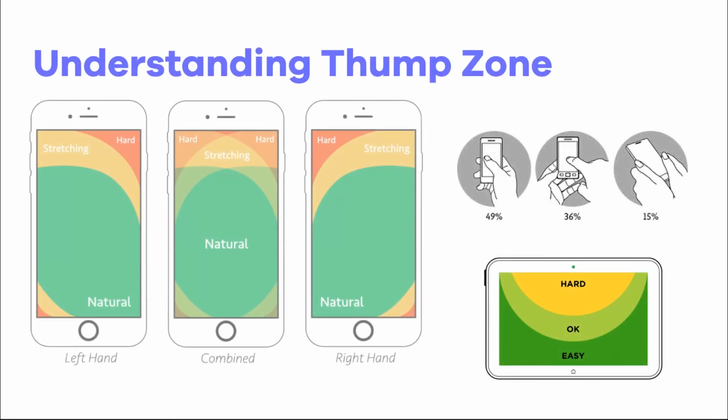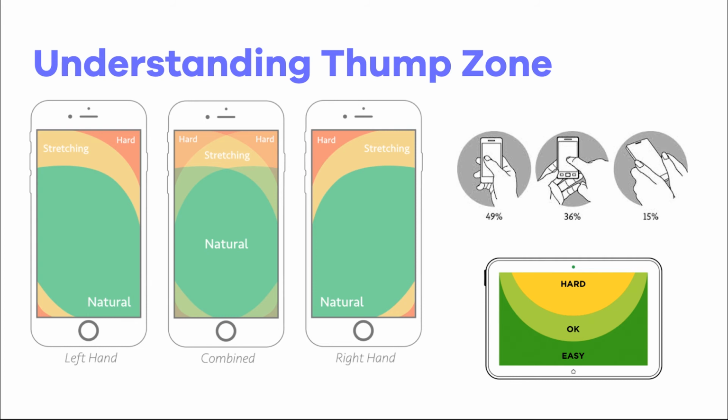When you're designing for a mobile app, we need to understand where the touch-friendly areas are. If you see this image, 49% of the people use one hand, 15% of the people use both hands, and 36% of the people use the left hand. All the green areas are touch-friendly areas, and they can be accessed with one finger.